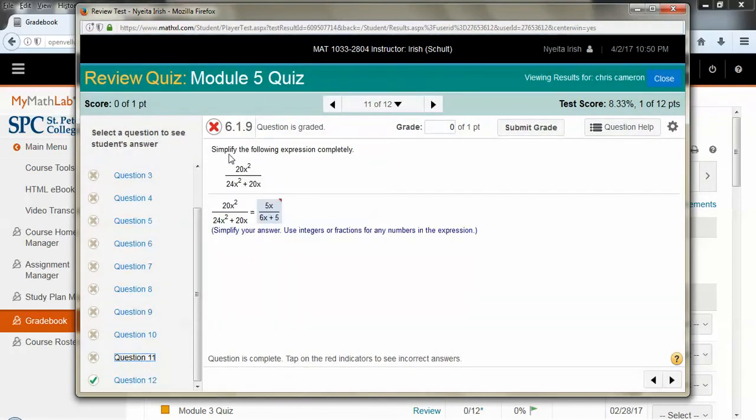It's the same question, 6.1.9, and you're doing the same thing, but you didn't answer anything on that.